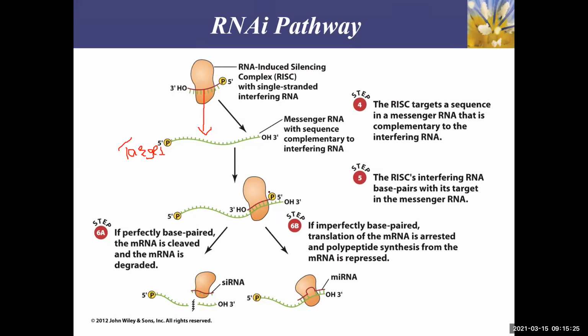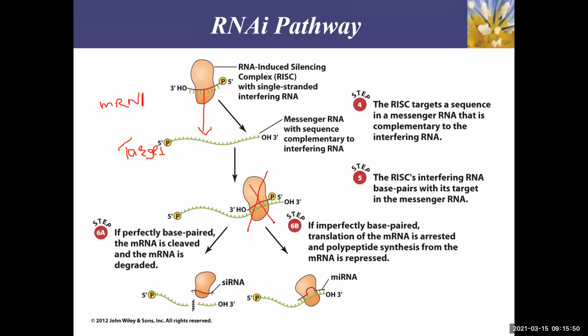Now, in the cell, do we have mRNA as double-stranded? Is mRNA double-stranded? Never. Only DNA is always double-stranded. mRNA is always single-stranded, right? So as you can see here, this is now a double-stranded mRNA and it cannot express now.